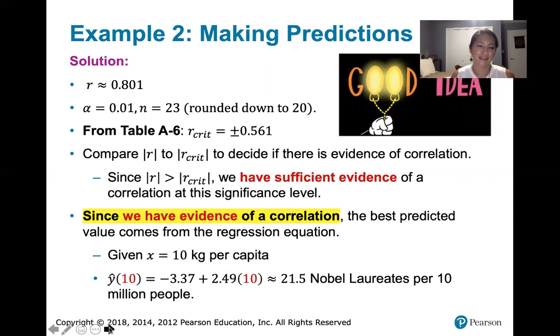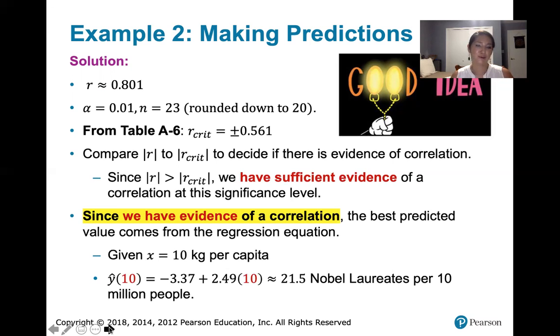Then the best predicted value of the number of Nobel laureates in that country is -3.37 plus 2.49, times 10, which is approximately 21.5 Nobel laureates per 10 million people. That is our best guess for what their Y value should be, given that their country consumes 10 kilograms per capita of chocolate.